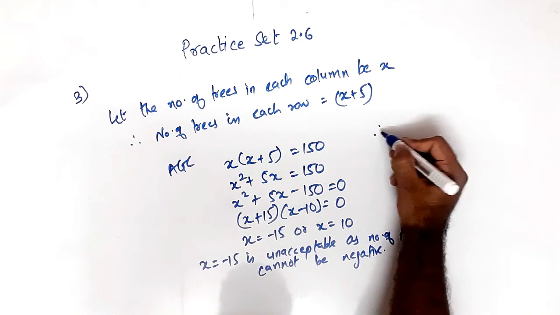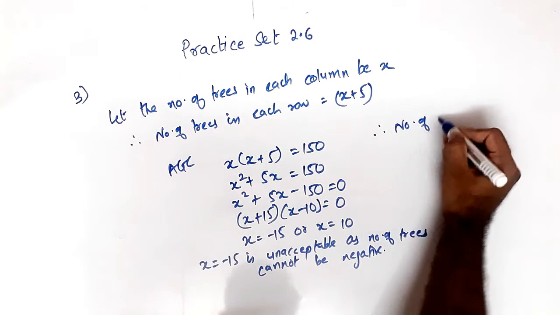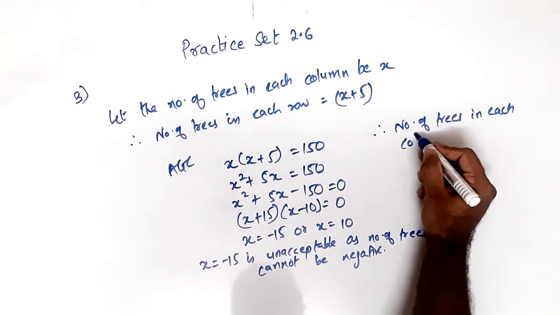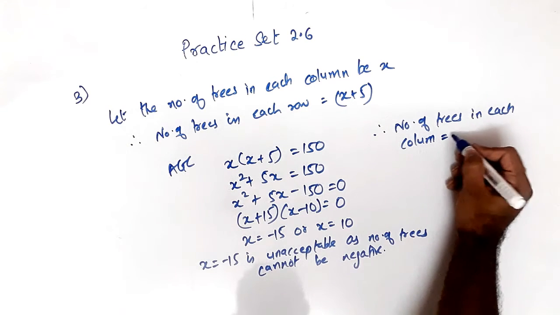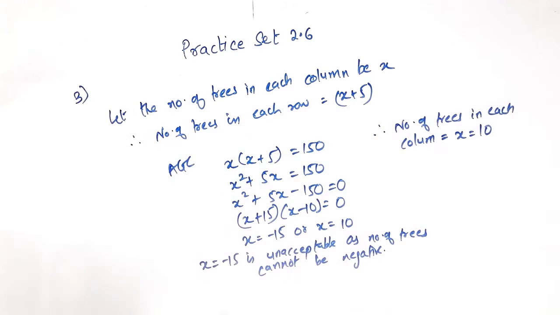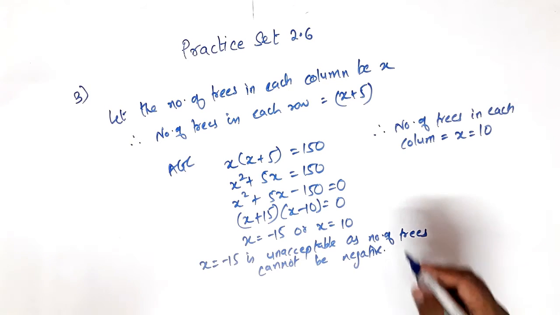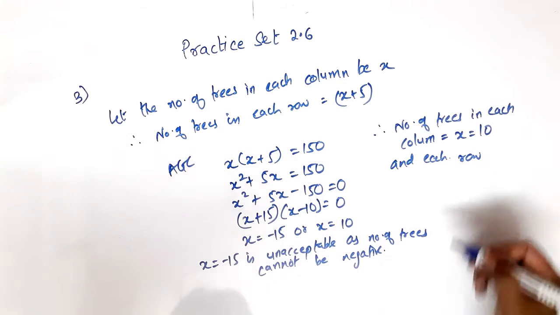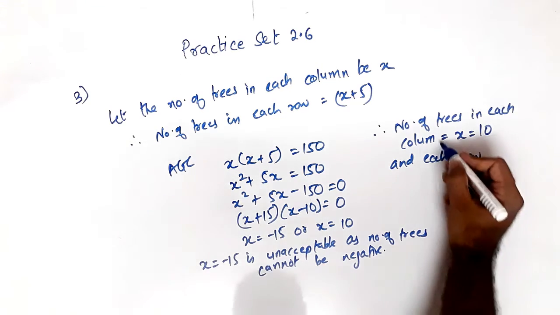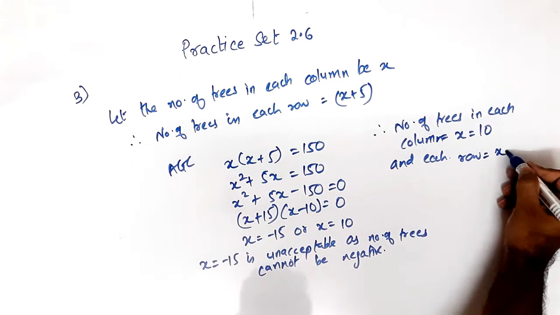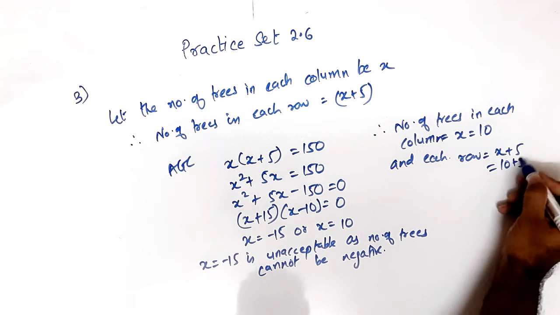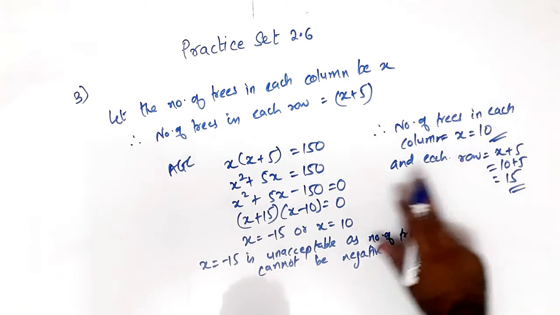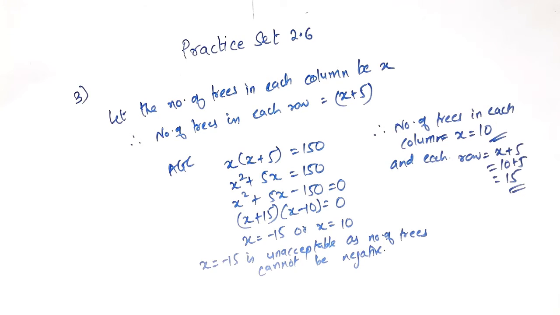Therefore the number of trees in each column is x equal to 10, and each row is x plus 5, that is 10 plus 5 is equal to 15. So these are your answers. In each column it is 10 and in each row the number of trees is 15.